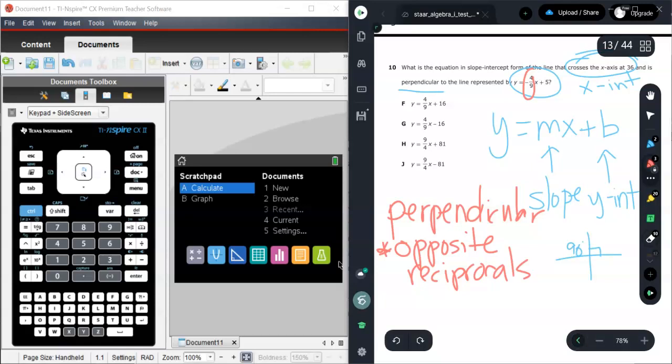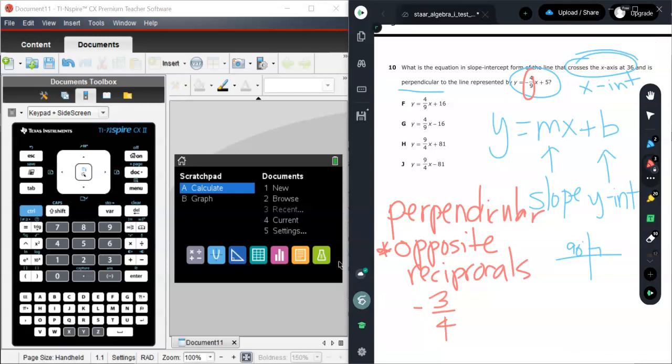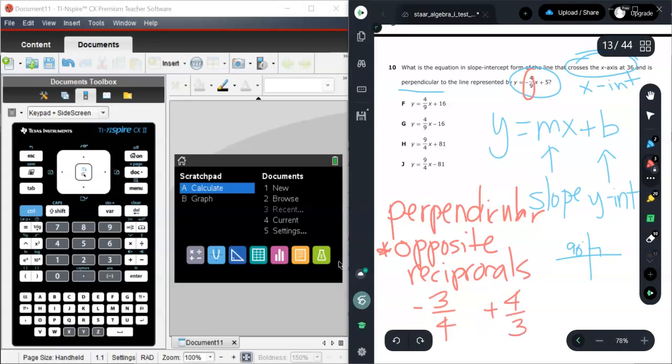Opposite reciprocal means if one line has a slope of negative 3 over 4, the line that is perpendicular to it is going to be the opposite, which means instead of negative, it's going to be positive, and it's going to be the reciprocal, which means we flip it over. So instead of 3 over 4, it is 4 over 3. So that is how perpendicular lines work.